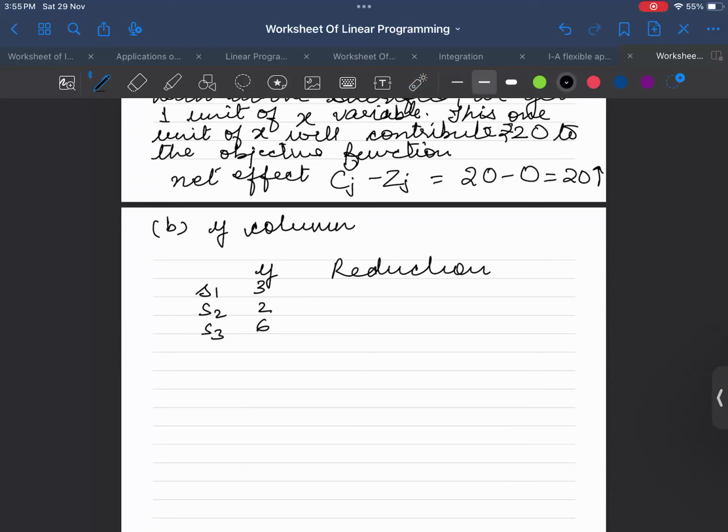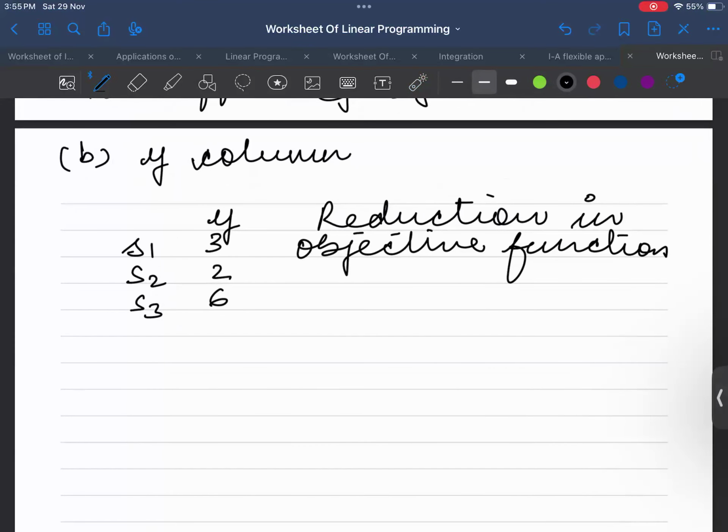Zj: again 3 times its coefficient 0, plus 2 times 0, which is also reduced, plus 6 times 0. With these sacrifices, we will get 1 unit of y variable.